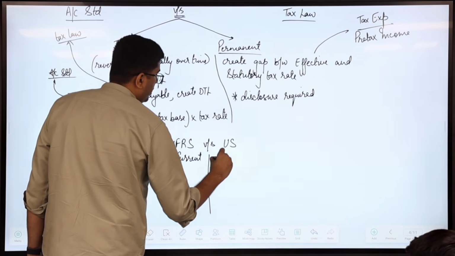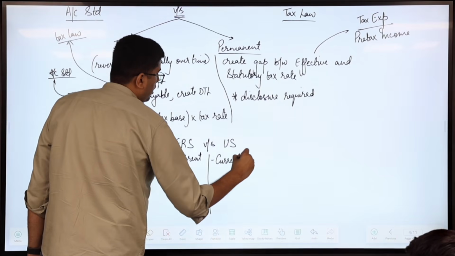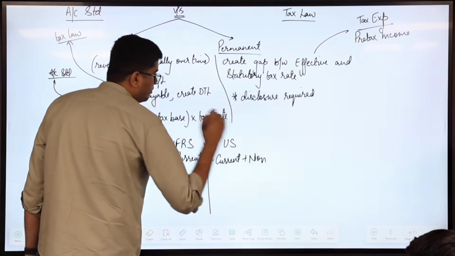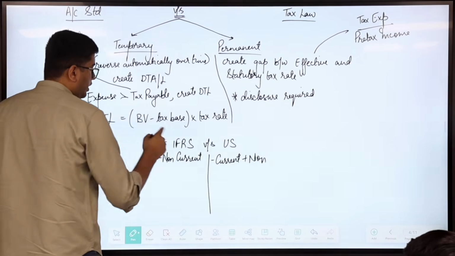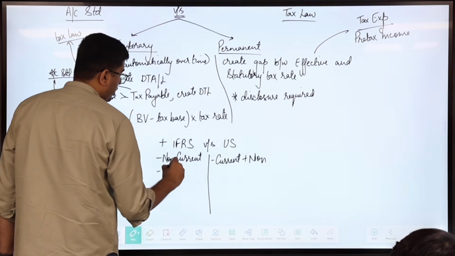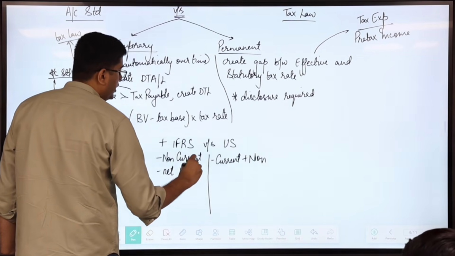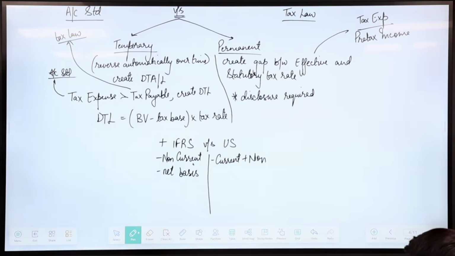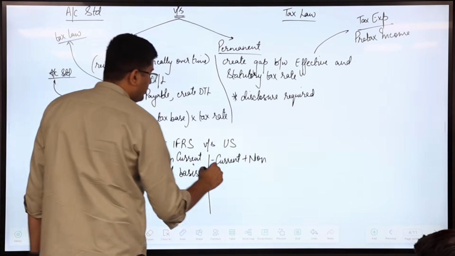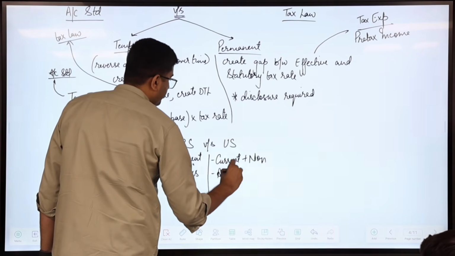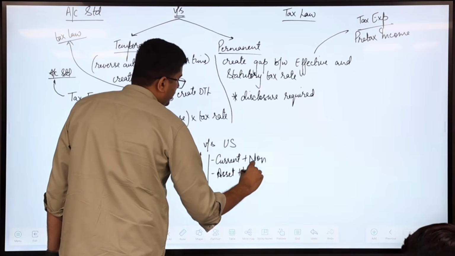US GAAP says it can be current and non-current. Either is possible. IFRS says you report on a net basis, which means if you have both asset and liability, you simply report a single net amount. US GAAP says you report the asset separately, the liability separately.